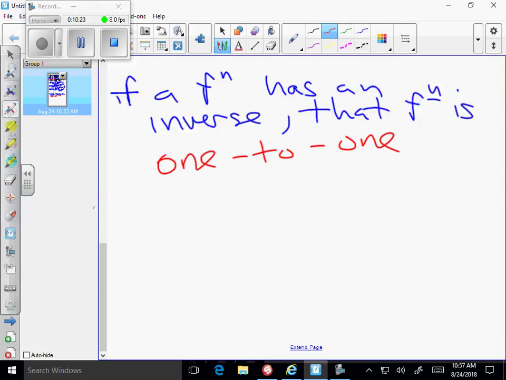Okay. All right, what does that mean, one-to-one? Does anyone have a sense of it? Kate? Wyatt? Well, look at A, B, and C. Those are functions that are inverses of each other.